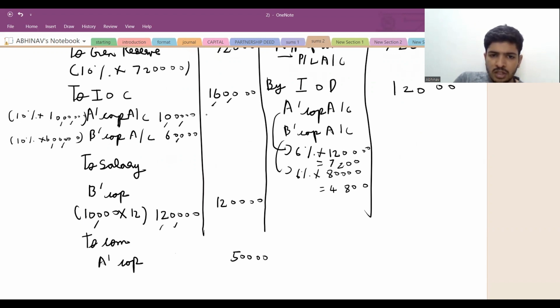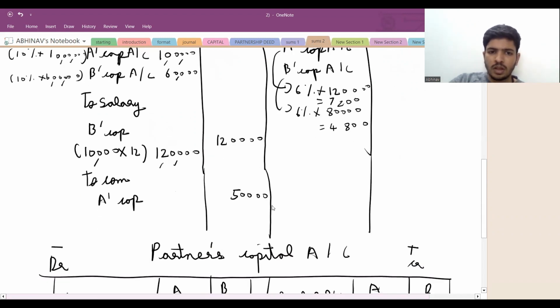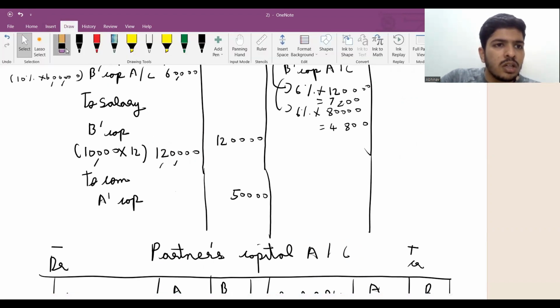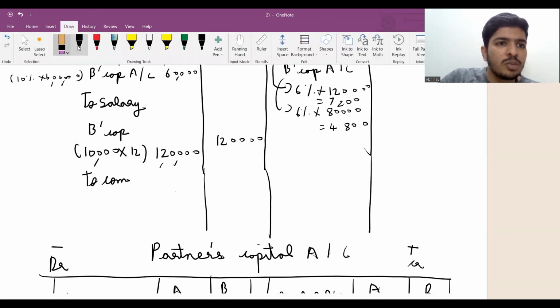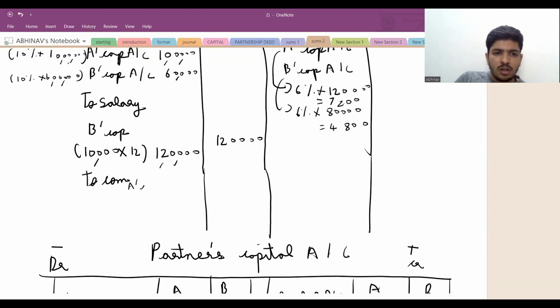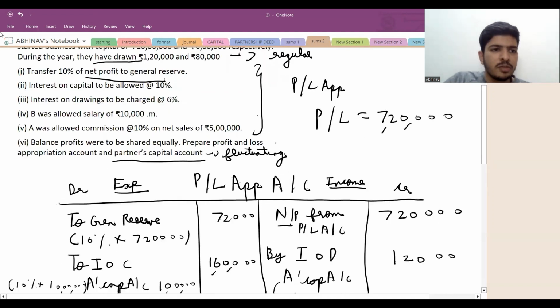Since there's only one person, we can write it in the outer column directly. Since I don't have space, you have a lot of space in your notebook, so it's fine. Right? These are the 5 points.